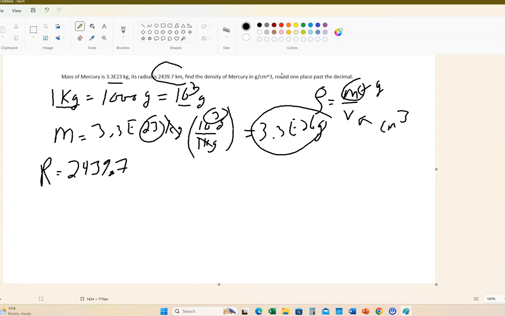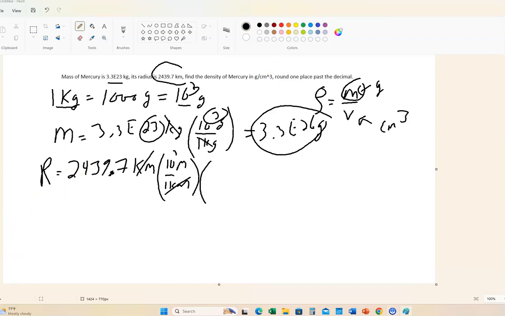Here's the proof of that. There are 10 to the third meters in 1 kilometer, so the kilometers cancel.